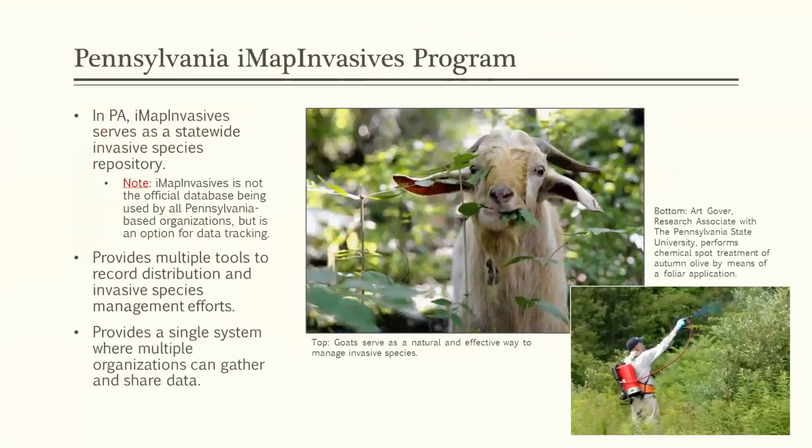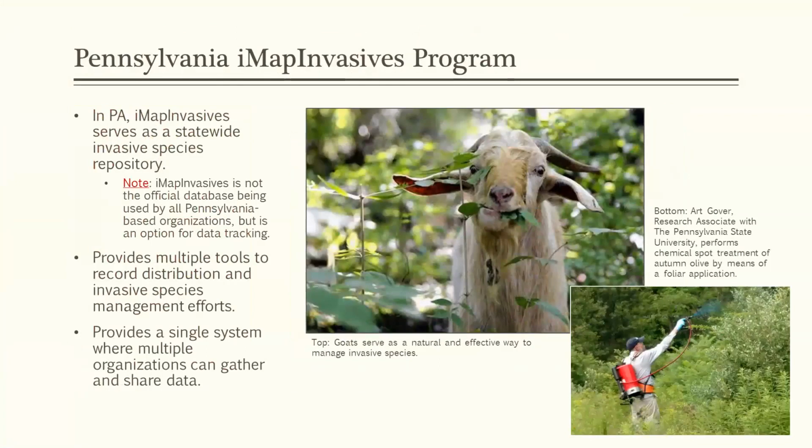So in Pennsylvania specifically, iMap does serve as a statewide invasive species repository, but it is not an official database that's being used by all Pennsylvania-based organizations. It's simply an option that's out there if you'd like to utilize it for either yourself or your organization. It's a tool in your tool belt, but it's not something that's being mandated for use by everybody in the state.